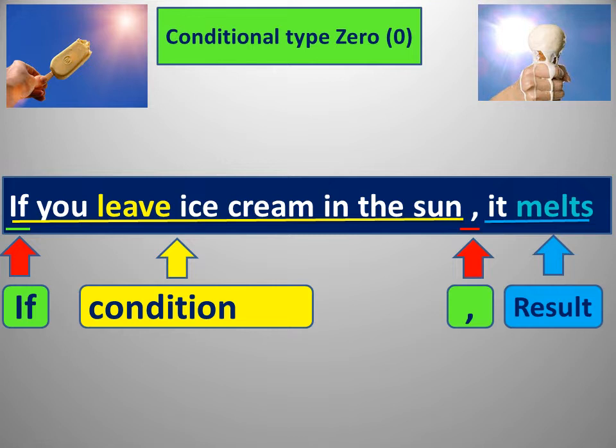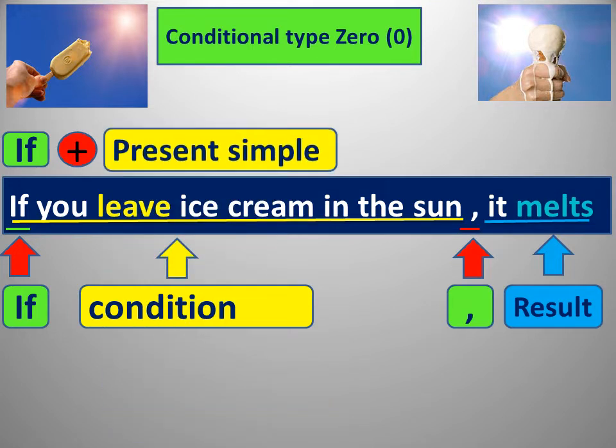So let's see how this sentence is formed. We started with if plus present simple, which is the verb leave here. It is conjugated in simple present.